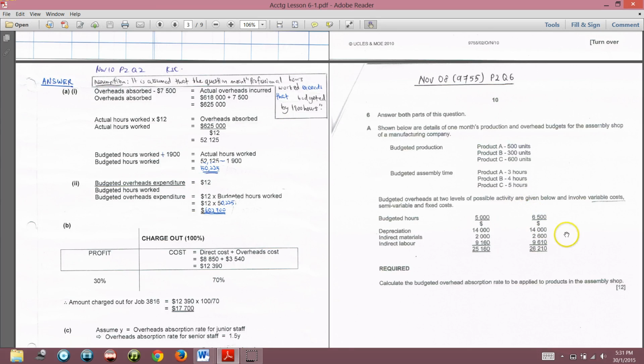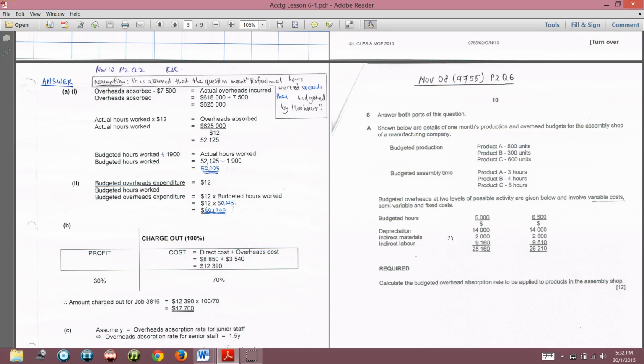We also know from the previous video that overhead absorption rate uses overheads, so-called fixed overheads, and overheads do not include direct material or direct labor. So he says that budgeted overhead at two levels of possible activity is given below, 5,000 and 6,500, and involves variable cost, semi-variable, and fixed cost.